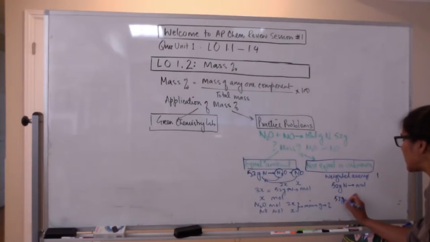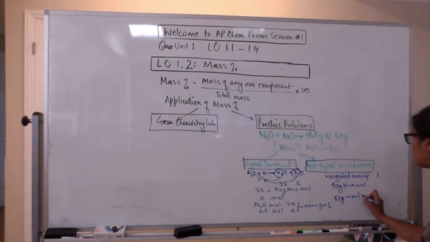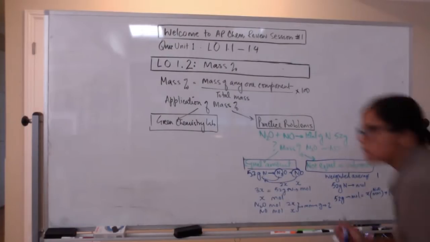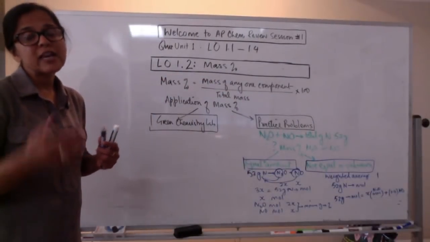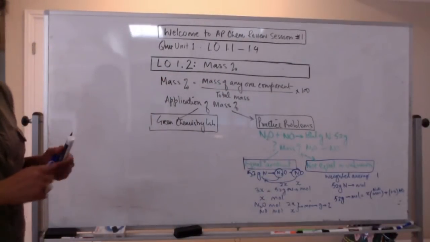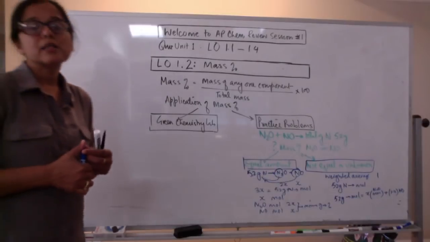So the 52 grams converted to moles are equal to X times the molar mass of N2O plus 1 minus X times the molar mass of NO. Then using that, you can solve. So that is actually an application of mass percent. A little bit complicated one, but that's how mass percent is typically used.